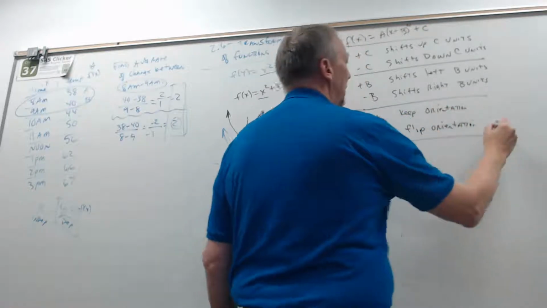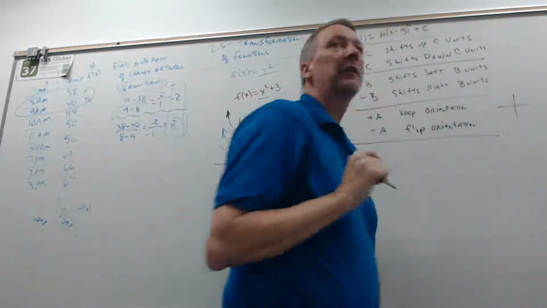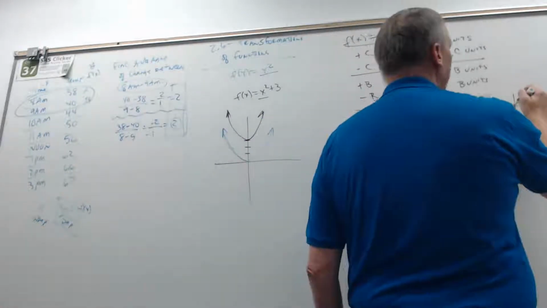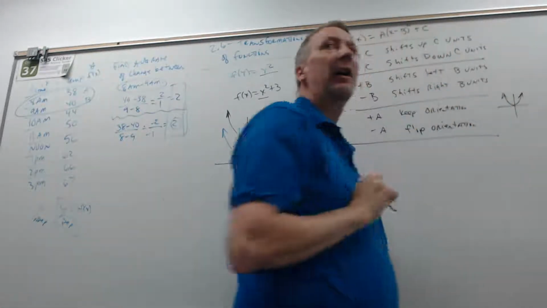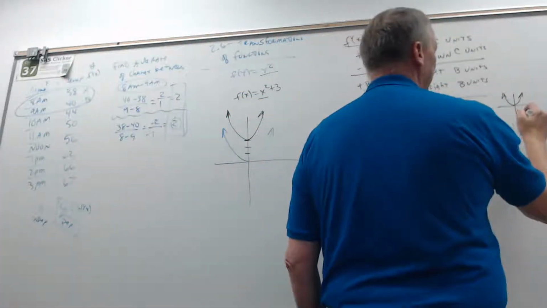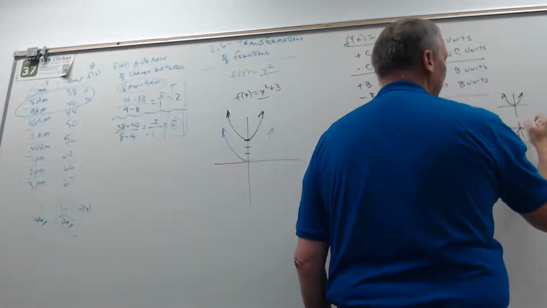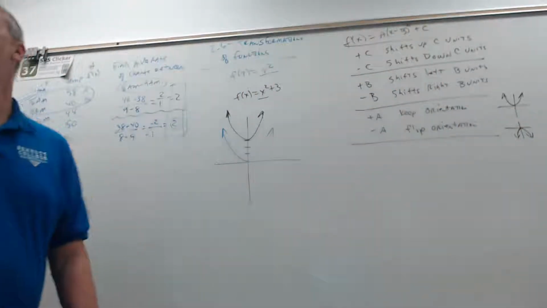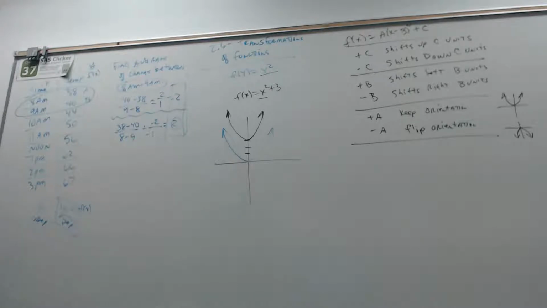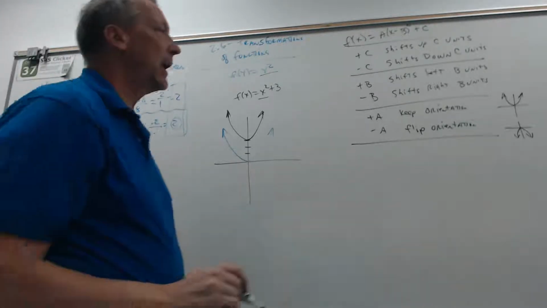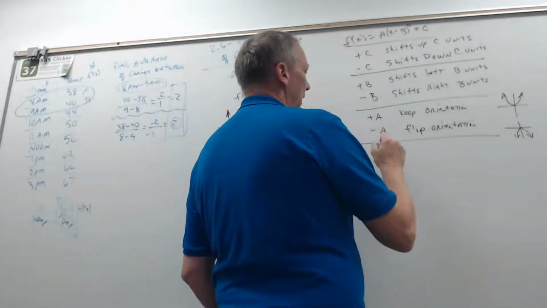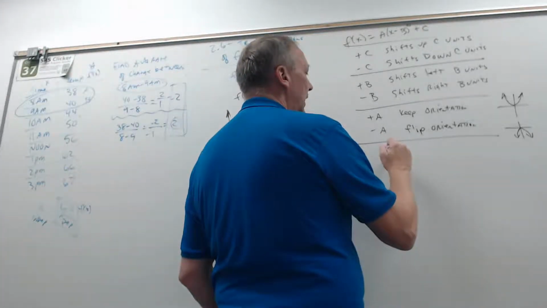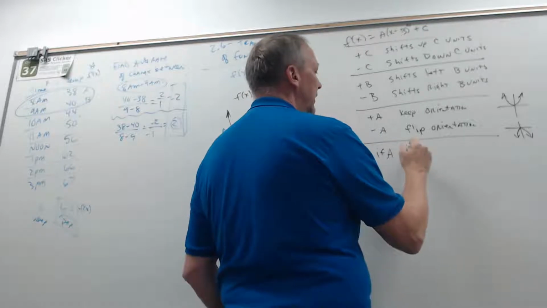I'm going to use an x squared for a moment. We know that y equals x squared opens in the positive direction, and if it's negative, then it's just going to flip it in the negative direction. And this doesn't apply just to x squared, it applies to all functions, but I just want to use that for now.